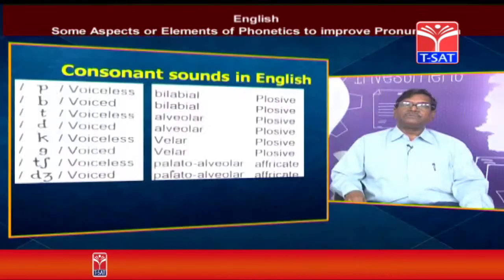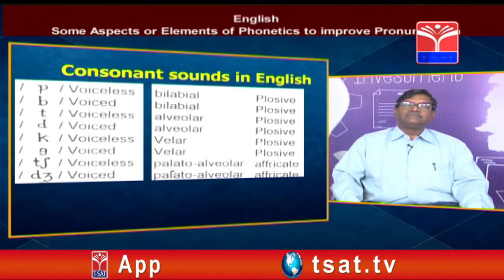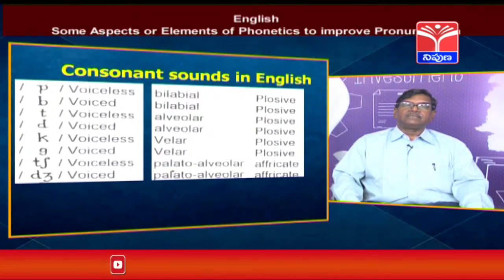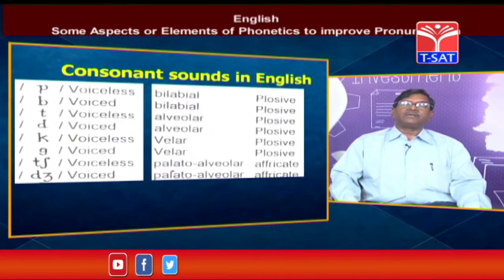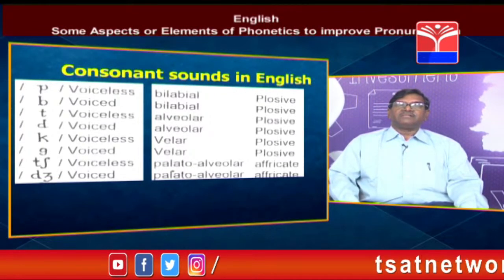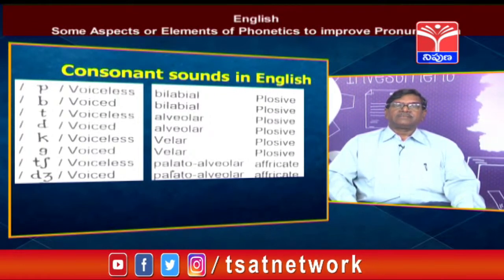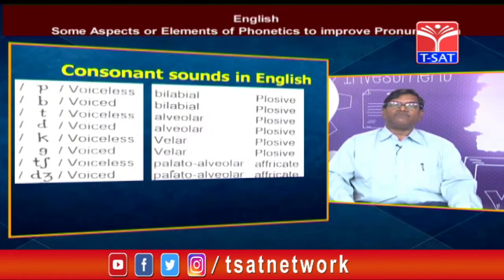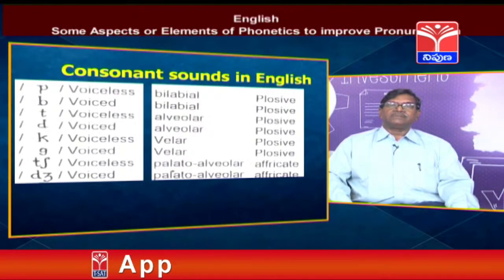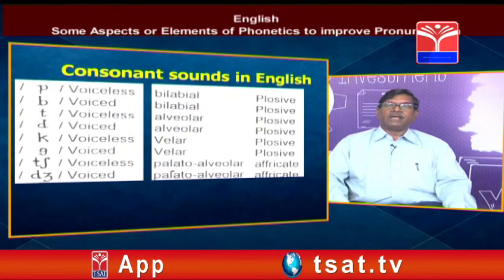Now come to the consonant sounds in English. P, B, T, D. The symbols are given there between slanted lines. P is a voiceless sound. It is a voiceless bilabial plosive.